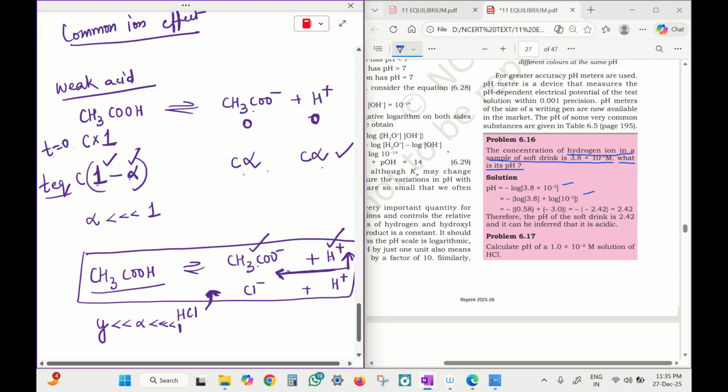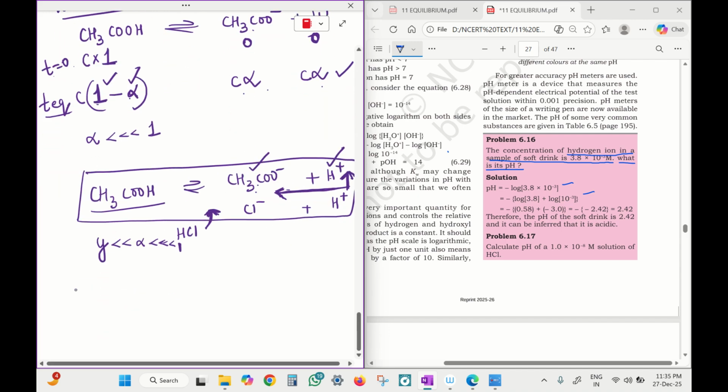But when a strong electrolyte like HCl is added to the existing equilibrium, the reaction is made to move in the backward direction due to increase in the concentration of H plus. This decreases the degree of dissociation furthermore. So let us now define the common ion effect. What is common ion effect?